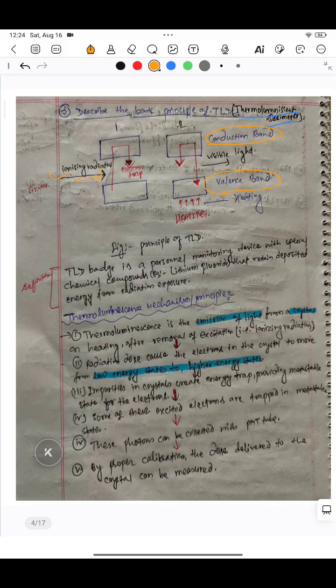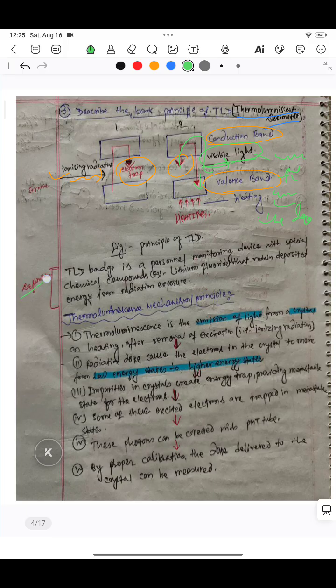By any means ionizing radiation goes, and there is impurity, so the electron is trapped here by electron trapping, and on heating it comes to the ground state by releasing visible light, and the visible light is measured, so we can calculate the dose.